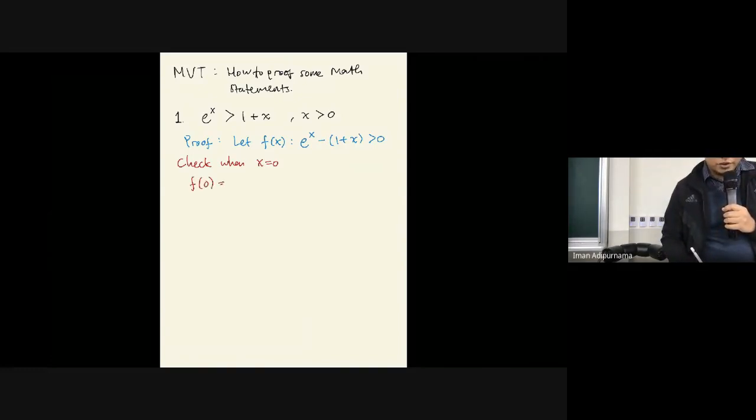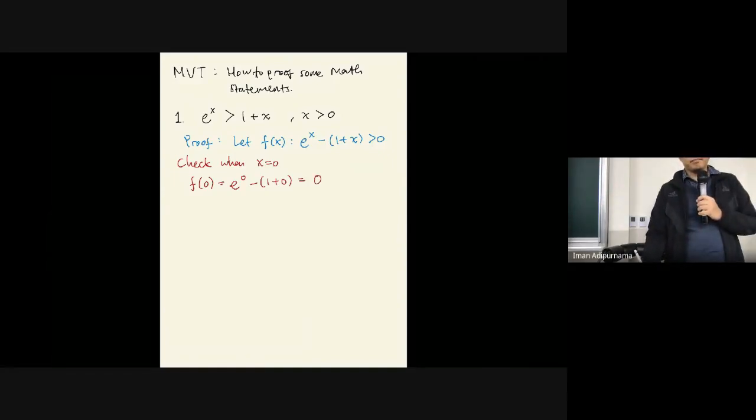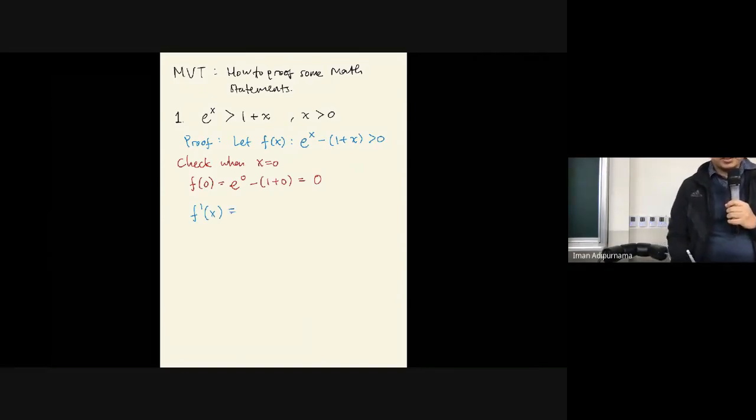So f(0) will be e to the 0 minus (1 plus 0). This is 1 minus 1, it's 0, right? Okay, let's check our first derivative of f(x). The first derivative of e to the x is just e to the x, right?